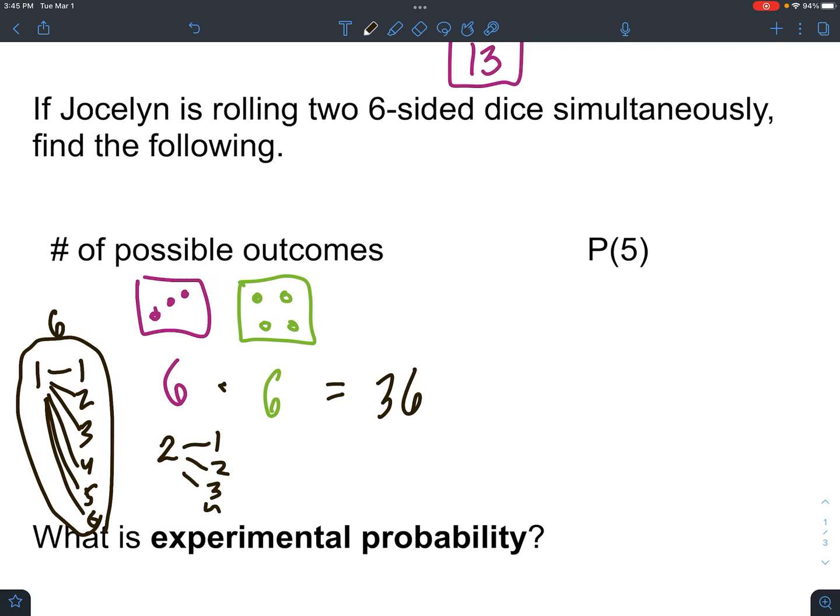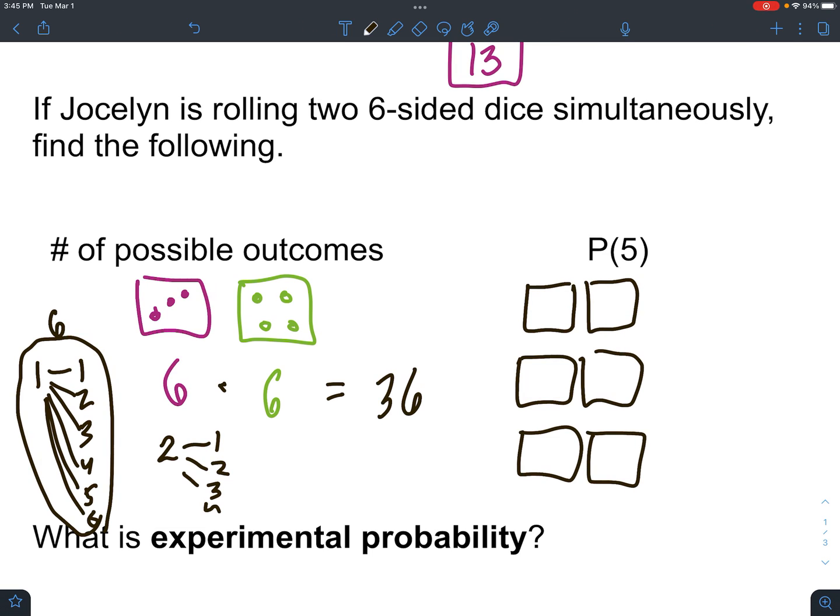So what's the probability of rolling a 5? Well, the only way you can get a 5 when you roll 2 dice together is by rolling a 1 and a 4 or a 2 and a 3. There's no other ways you can get a 5.